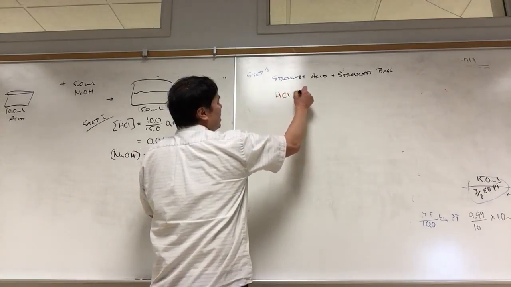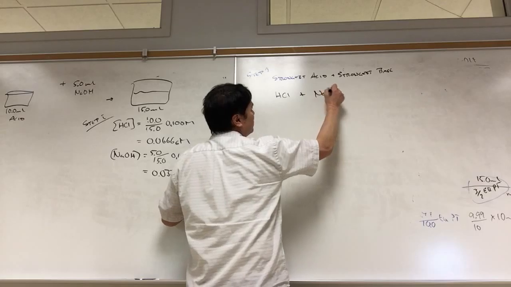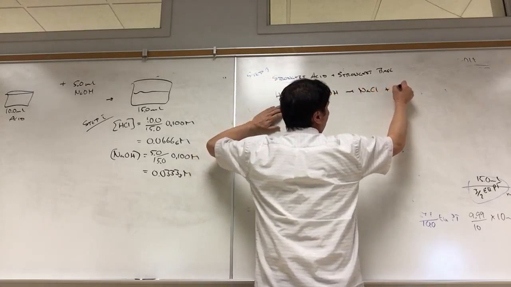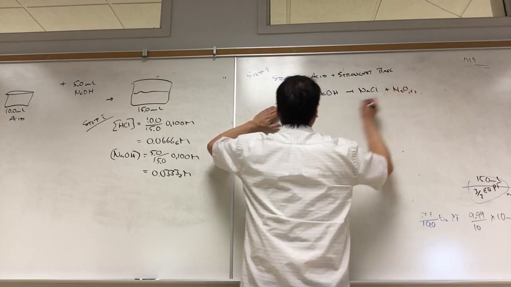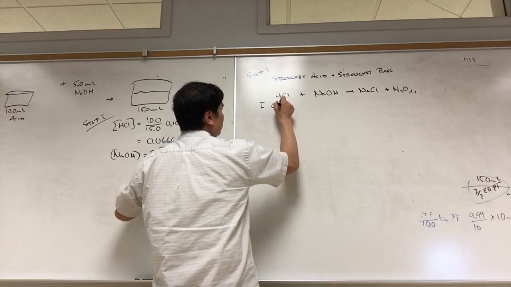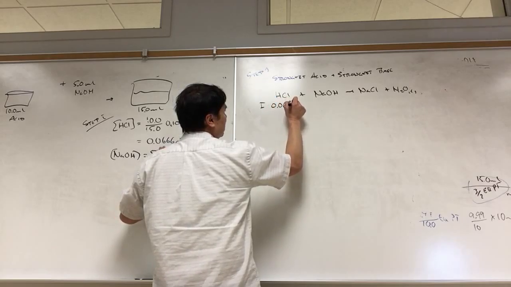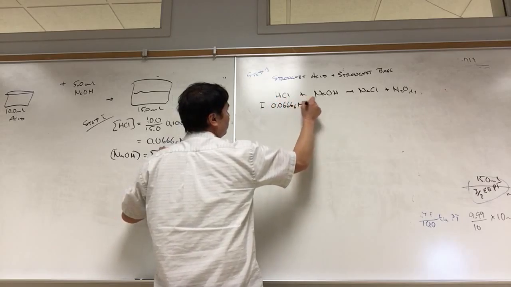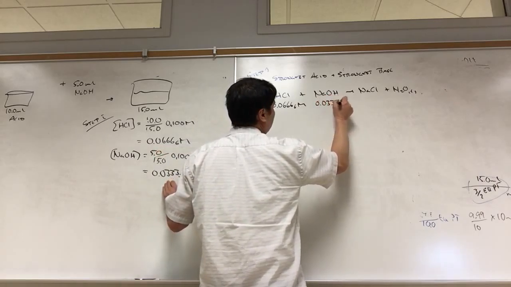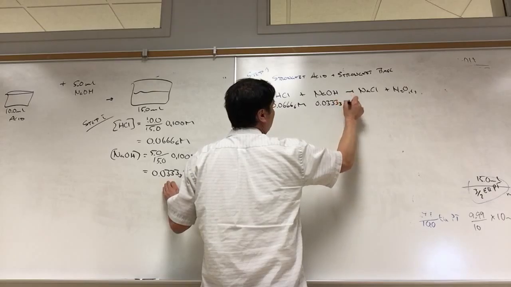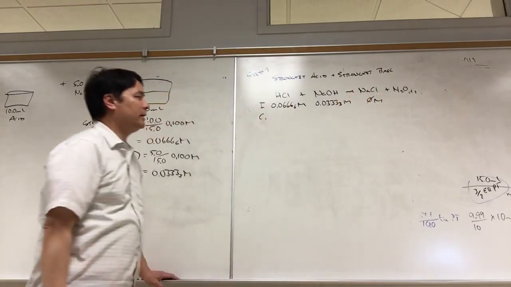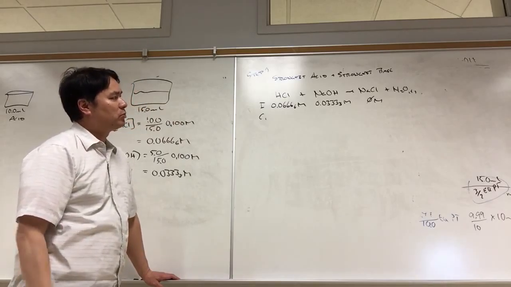In this case, HCl is the strongest acid. Sodium hydroxide is the strongest base. This is going to form sodium chloride and water, get you to a liquid. K is very, very, very large. The HCl concentration is going to be 0.0666 molar. The sodium hydroxide is going to be 0.0333 molar. Sodium chloride 0 molar. And so the change is going to be complete. Strong acid, strong bases react to completion.